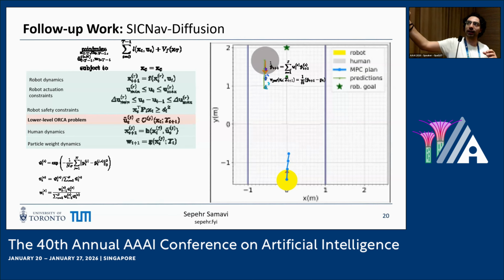Here the robot's going right, and so we end up rejecting the trajectory samples that have the human going towards the robot. In this way, we introduce a heuristic method to select one of the modes of the predictions of the human.